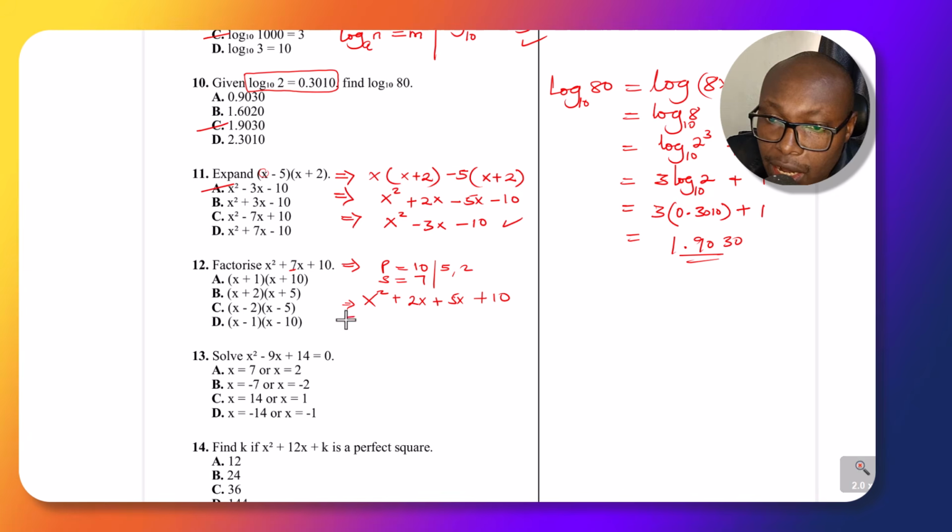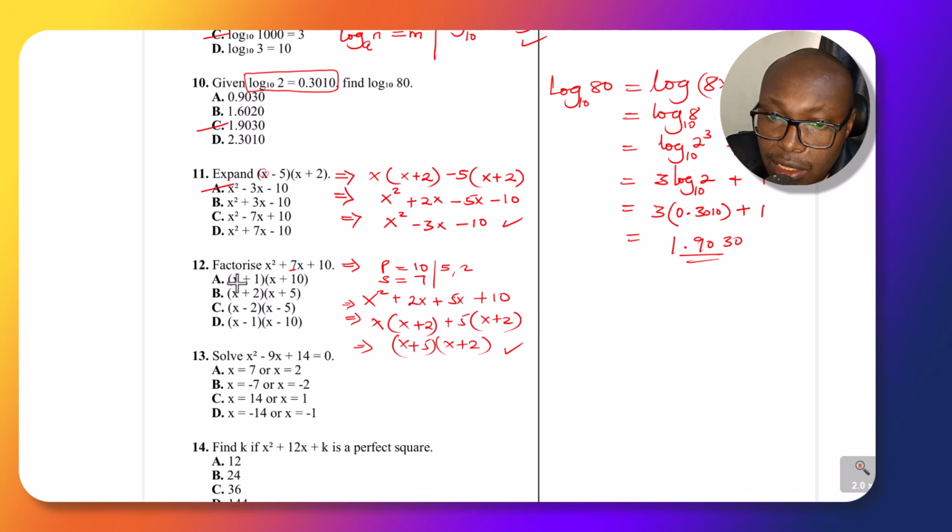you factor out, so x is common, so you have x plus 2 and then plus 5 times x plus 2, like that when you factor out. And then now from here you have x plus 5, then multiply by x plus 2.